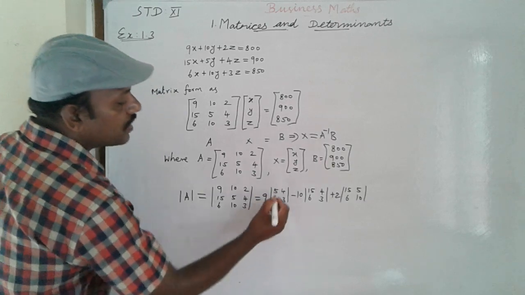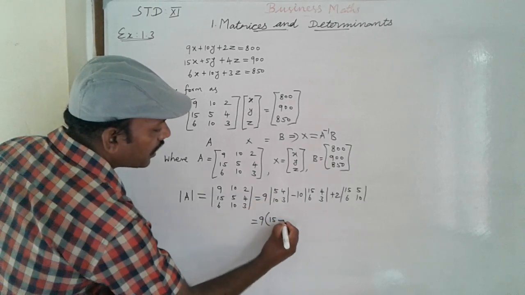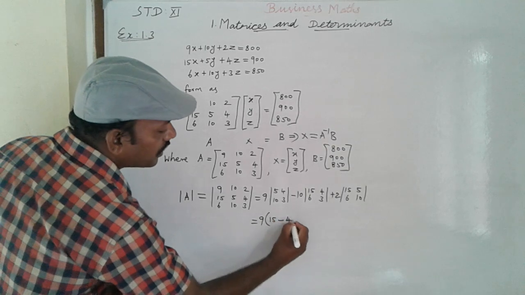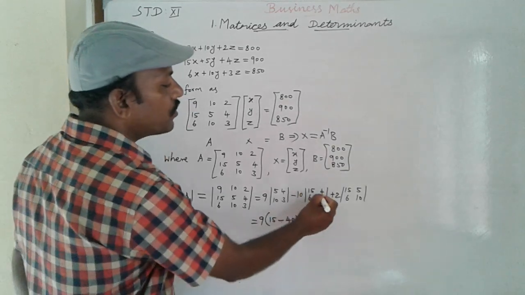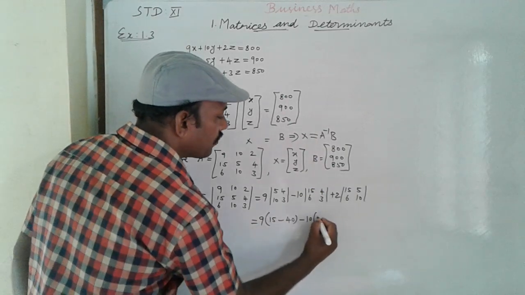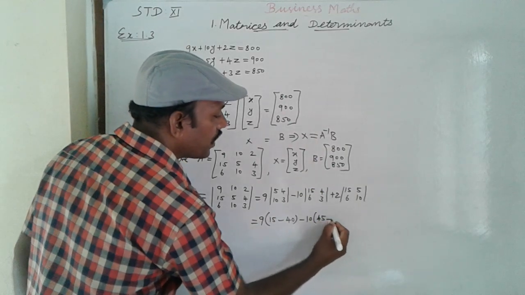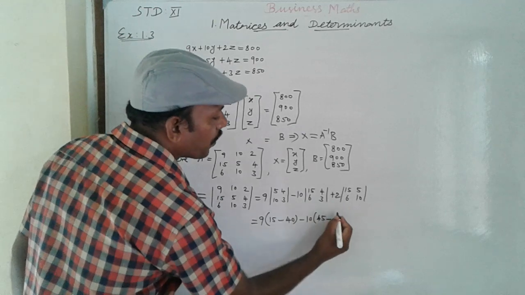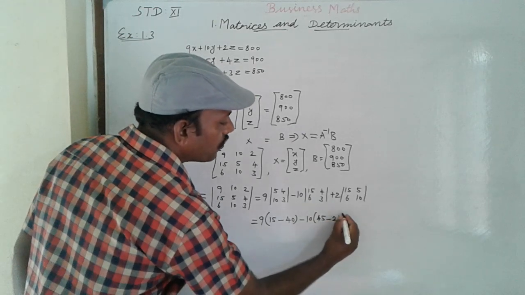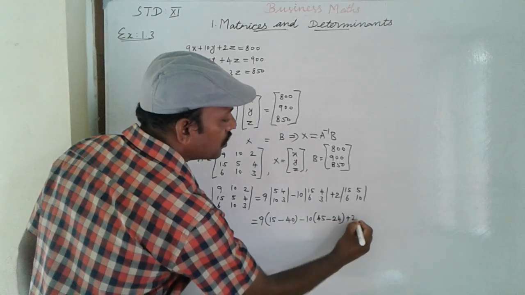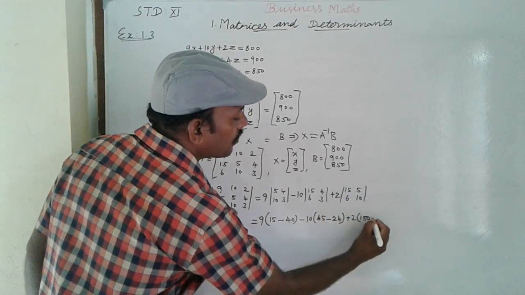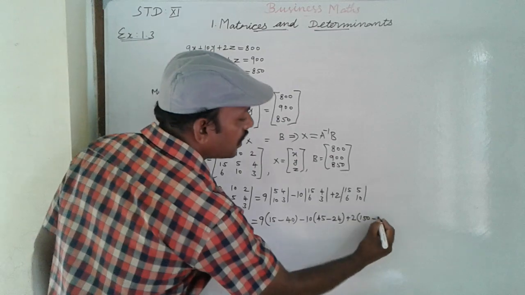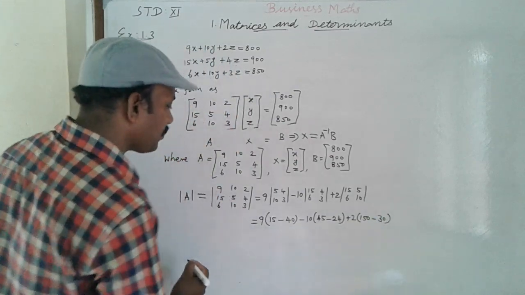9 into (5 threes are 15 minus 10 into 4 is 40) minus 10 into (15 into 3 is 45 minus 6 fours are 24) plus 2 into (15 into 10 is 150 minus 6 fives are 30).